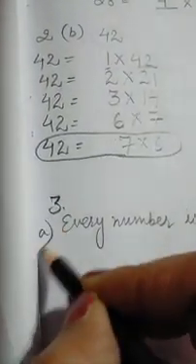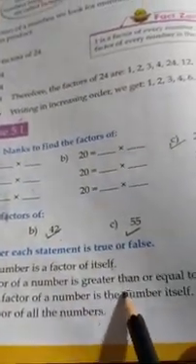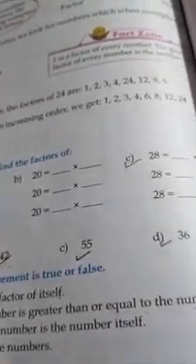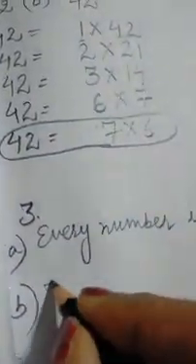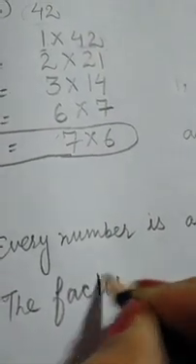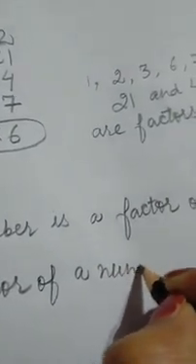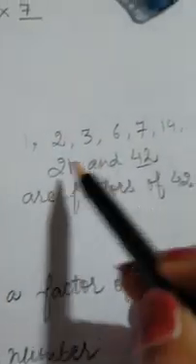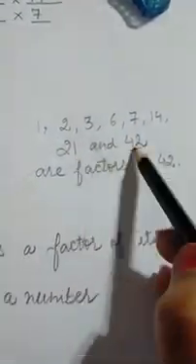Now see what is the B statement. The B statement is: the factor of a number is greater than or equal to the number. You can see here all these are the factors of 42, the factors of a number.